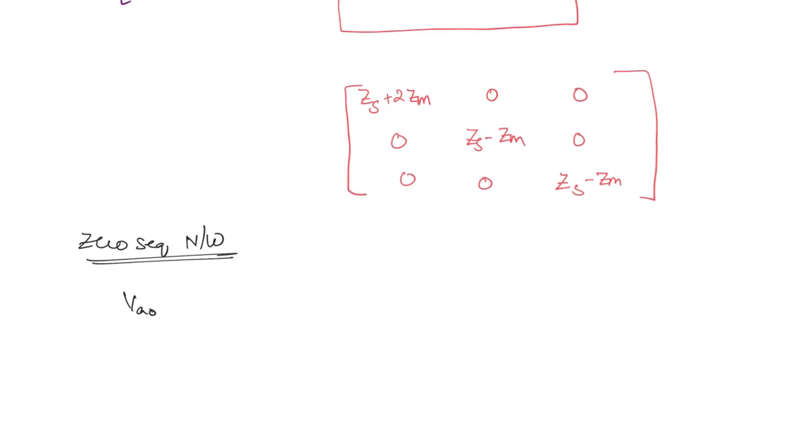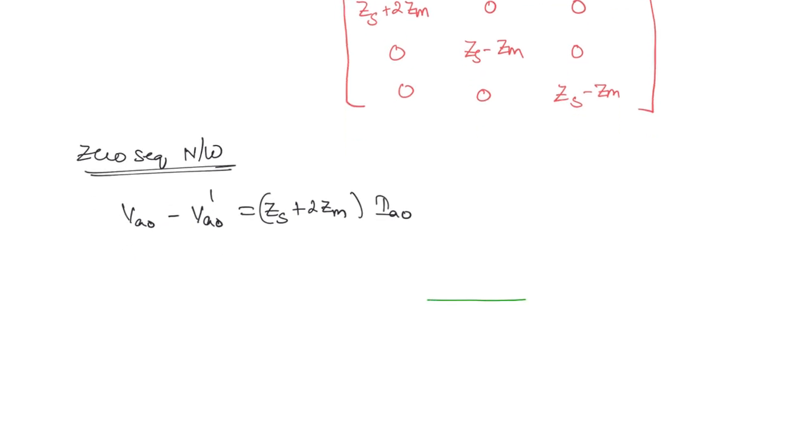So VA0 minus VA0 dash is equal to ZS plus 2 ZM into IA0. So you can draw the circuit as well. Here you will have an impedance Z0, which is equal to ZS plus 2 ZM. This is the reference.